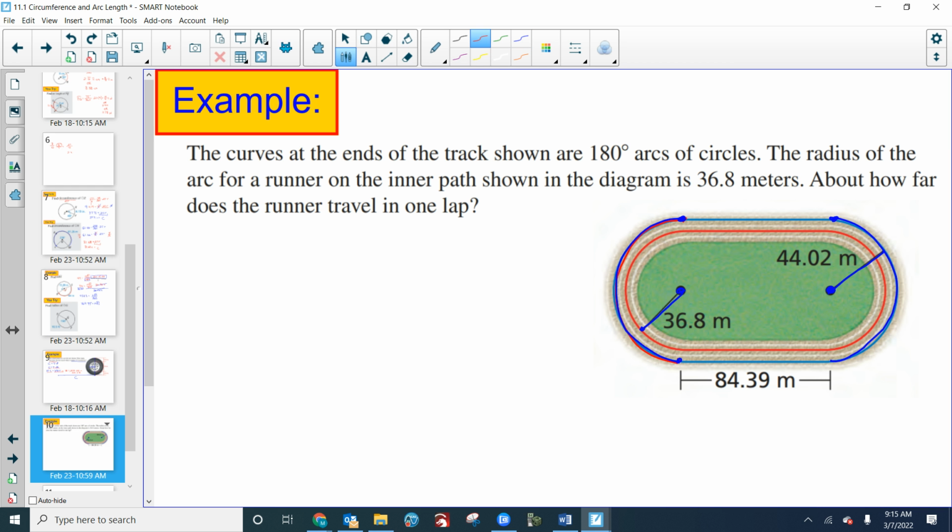And then find the inner runner's arc from here to here and double it. And aren't they both going to run that straightaway of 84.39? Yes. So you'd add those to it. So you'd actually find the, I wouldn't call this circumference because it's not a circle, but the track circumference, I guess we call it, for the blue and the red, and then compare them. And that's how you find out how much to stagger the start by. Interesting, huh?